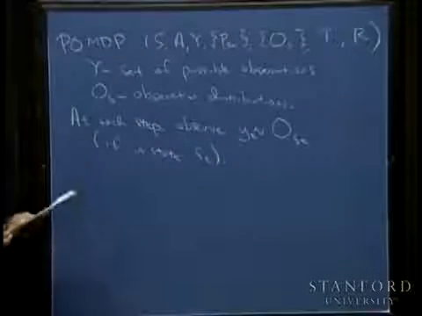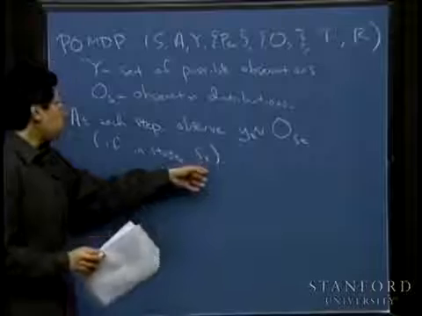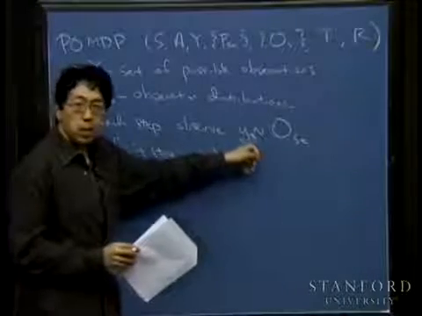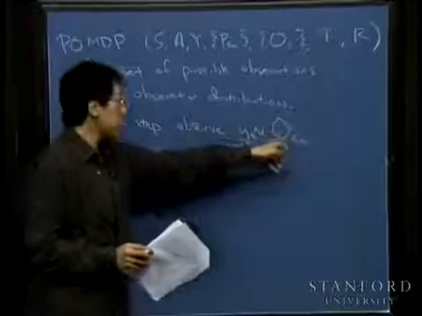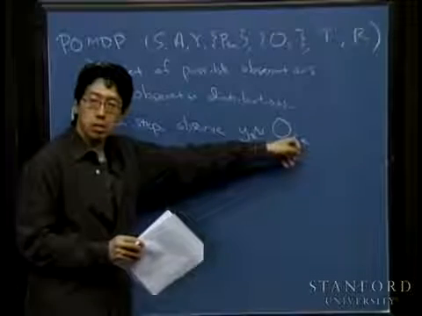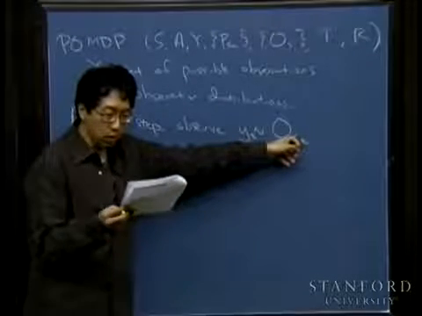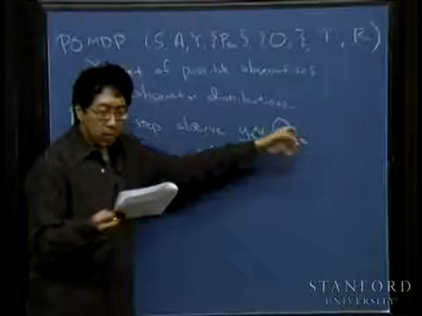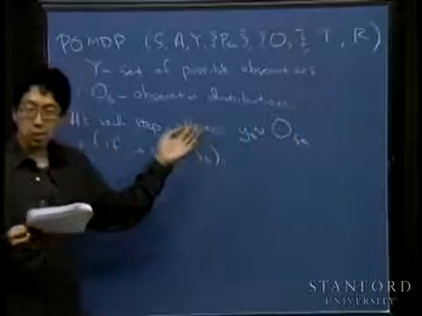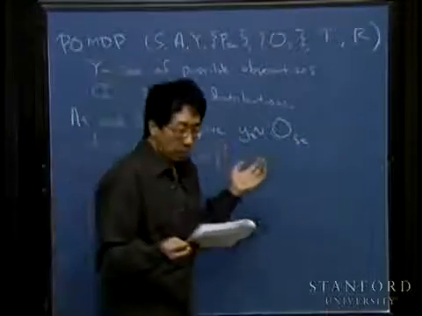So at each step in the POMDP, if we're in some state s_t, we observe some observation y_t drawn from the observation distribution O subscript s_t that's indexed by what the current state is. And computing the optimal policy in the POMDP is an NP-hard problem.